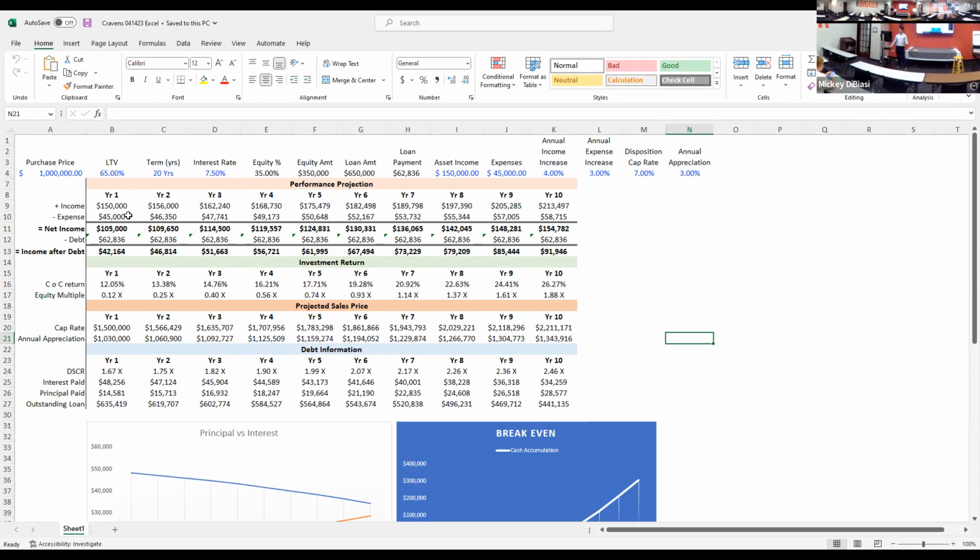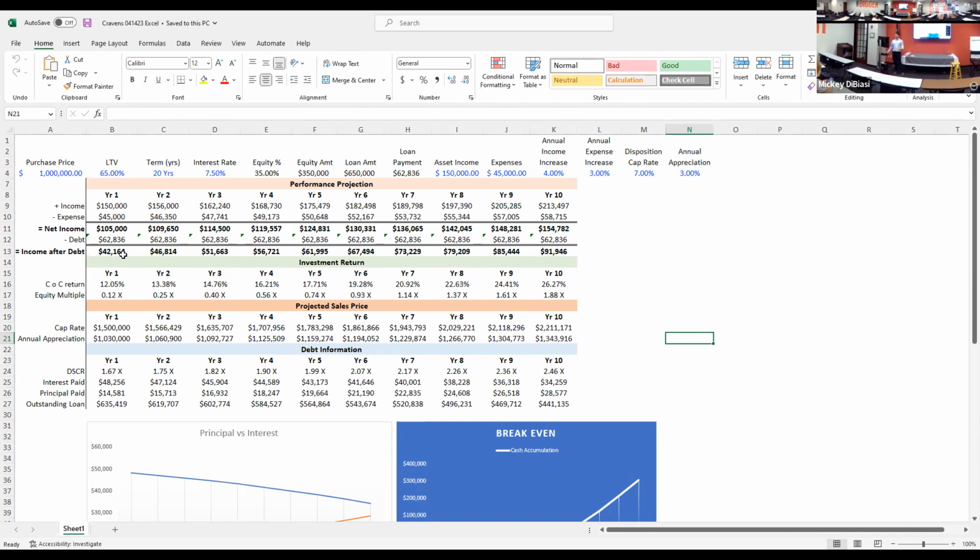You have an income of 150,000 the first year, expenses of 45. Your net income is 105. Your debt service is 60, call it 63,000. So after debt, and this is before taxes too, I'm not even talking about taxes, that's another whole class on how to depreciate and all the other stuff.